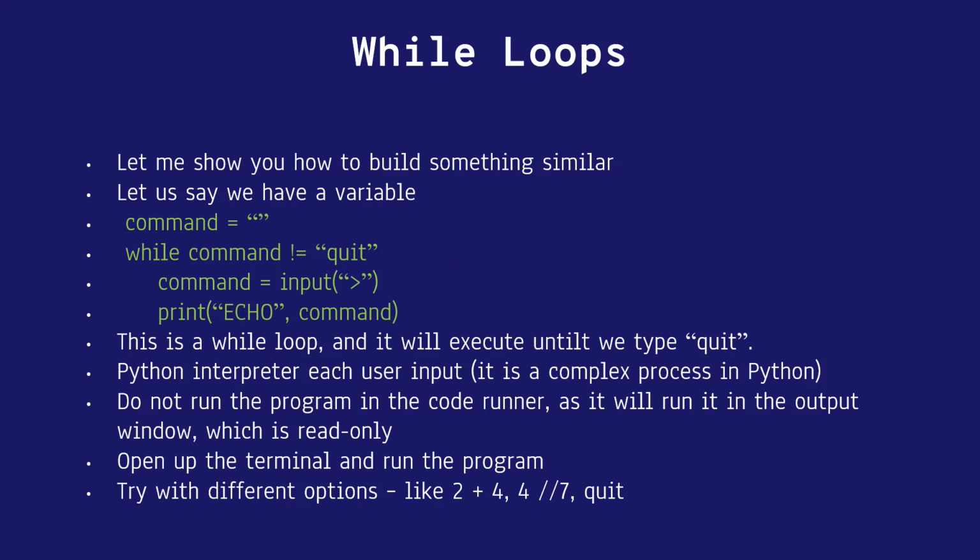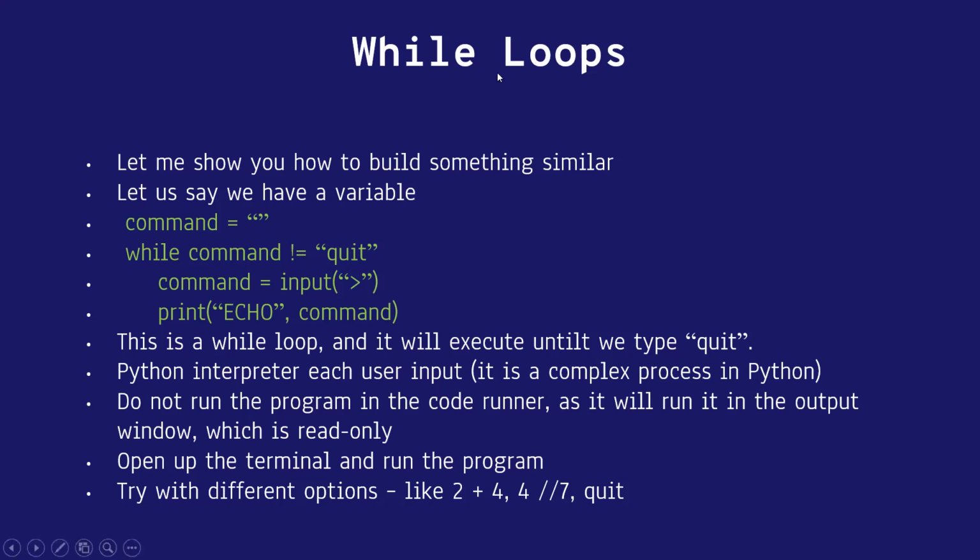The Python interpreter will interpret each user input, which is a complex process that we are not going to cover here. Do not run the program in the code runner, as it will not run in the output window, which is read-only. Open up the terminal, then run the program. Try different inputs like 2 plus 4, 4 divided by 7, quit, and so forth.